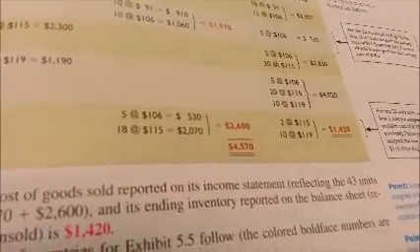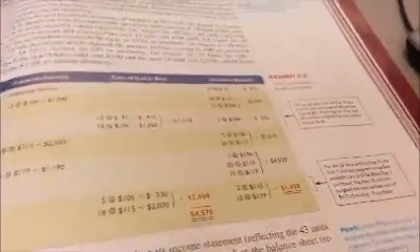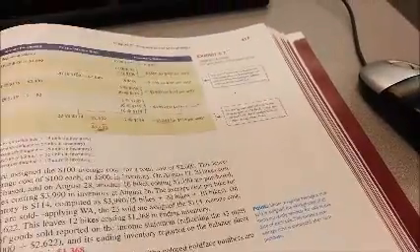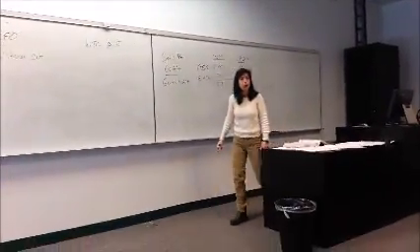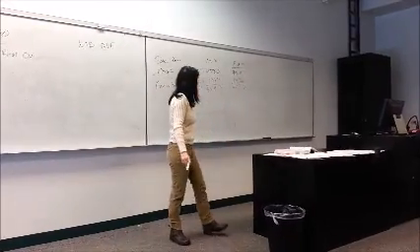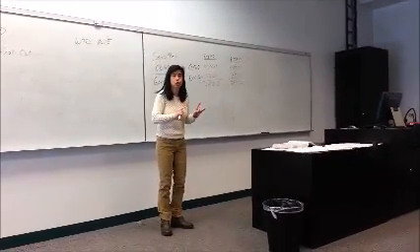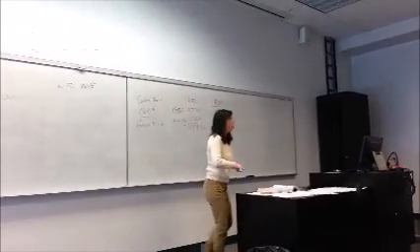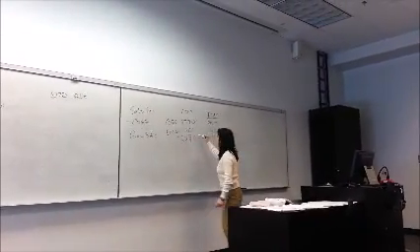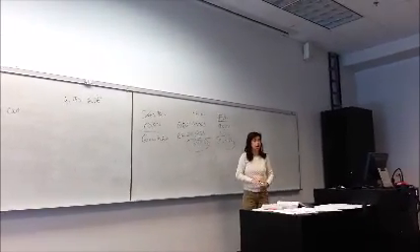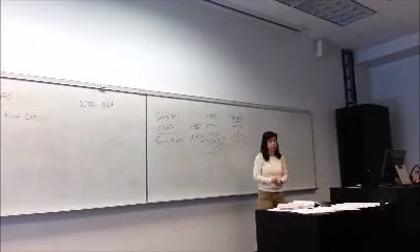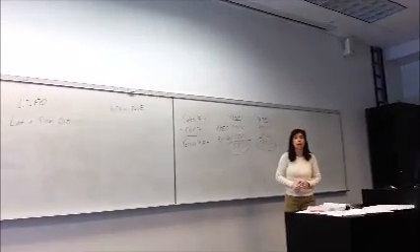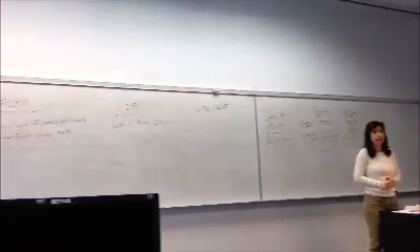And what was left in my ending inventory? 1,420. For a total of $5,990. So this is a double check for you, okay? If you're doing this problem, you're always accounting for the same amount of cost. You're just doing it a little differently based upon the method provided.